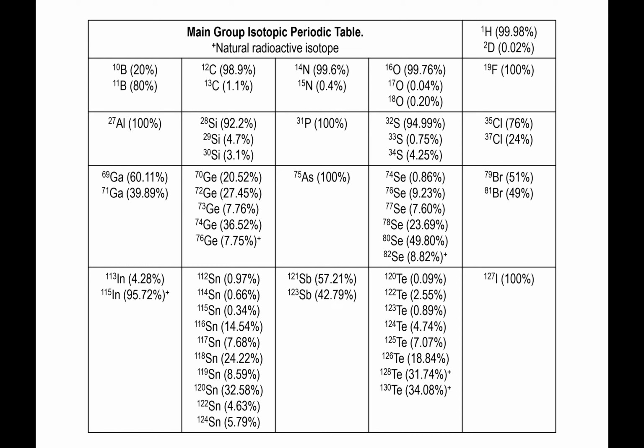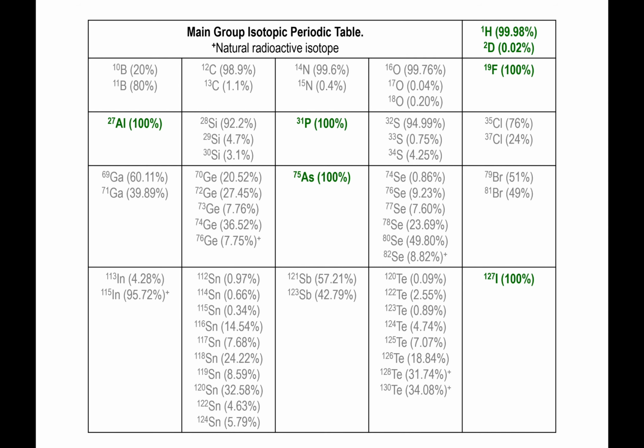All right, now expanding on the p block and even including hydrogen in the picture, what I'm showing right here is all the various natural isotopes that all of these elements possess. You'll notice that there's a few elements like hydrogen, fluorine, phosphorus, aluminum, arsenic, and iodine that practically speaking only have one predominant isotope present in an elemental batch.